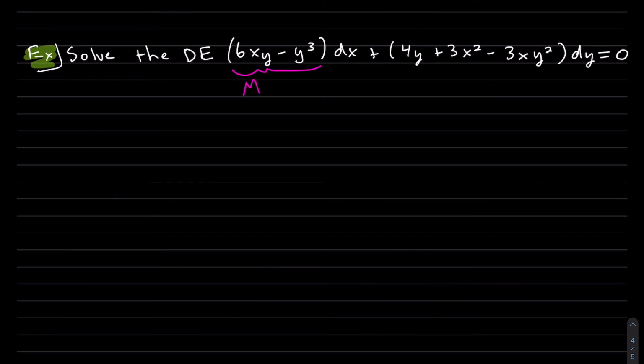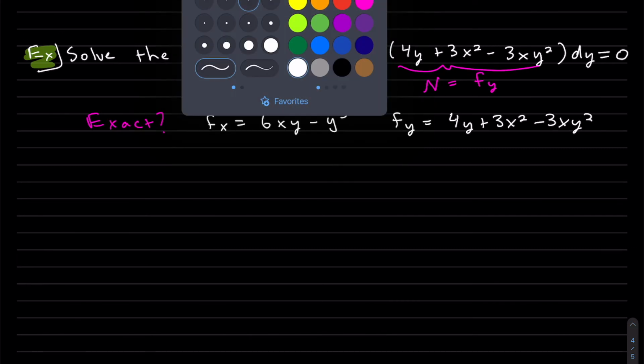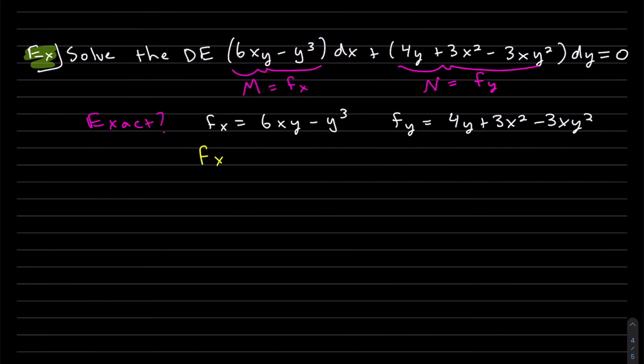This is my M, which is my f of x. This is my N, which is my f of y. You have to start off asking if it's exact. Partial in terms of y, 6x minus 3y squared.